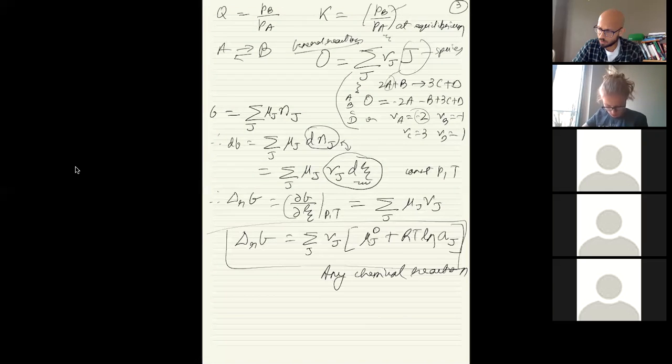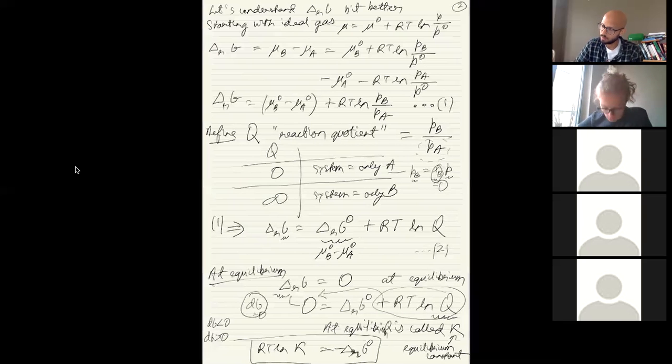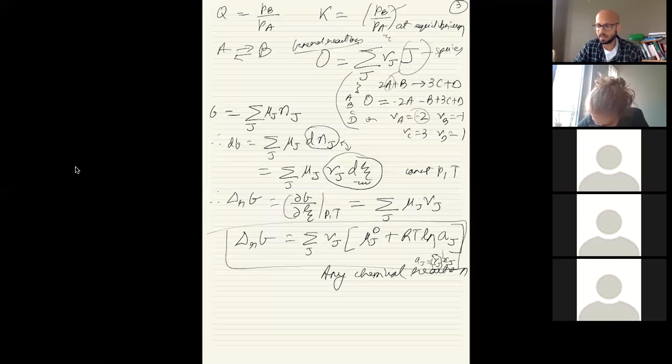And last time we talked about activity, that activity is related to an activity coefficient multiplied by the mole fraction. And it's really kind of cheating because you need to do experiments to measure your activity coefficient or do some simulations, but not really. The form is so simple. What we wrote down earlier for a two species ideal gas is now completely generalized to any chemical reaction with as many species as you want and happening with real, non-ideal behavior.